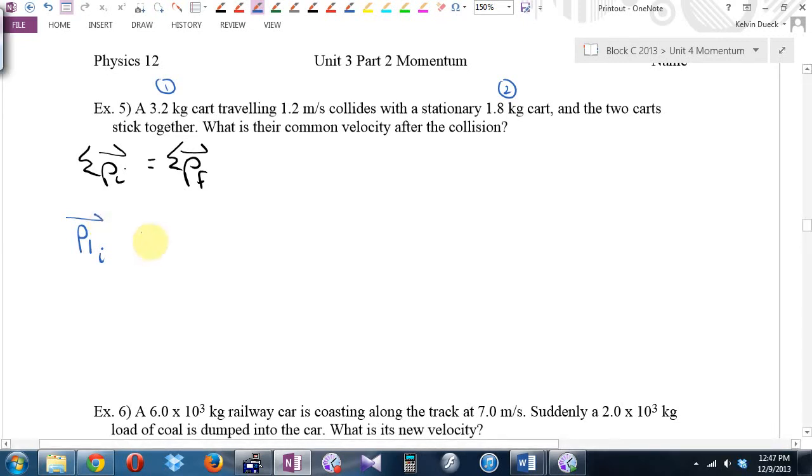Mass 1, mass 2, or both? Both. Stuck together or separate? If they were separate, I would go momentum 1 final and momentum 2 final. But since they're stuck together, I guess I'll go momentum all final.